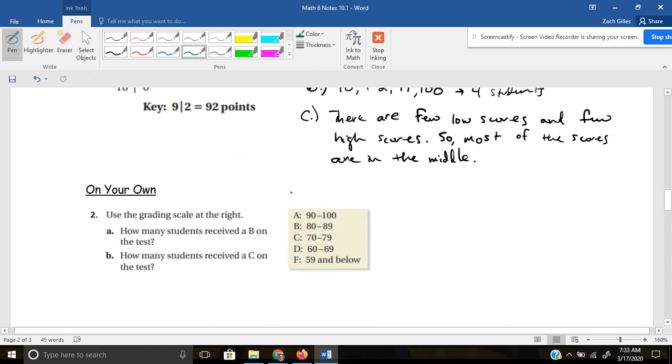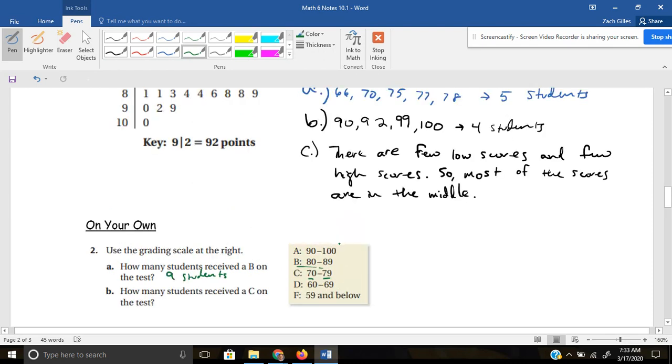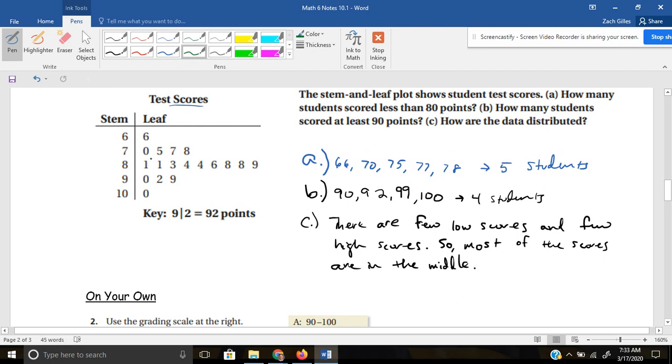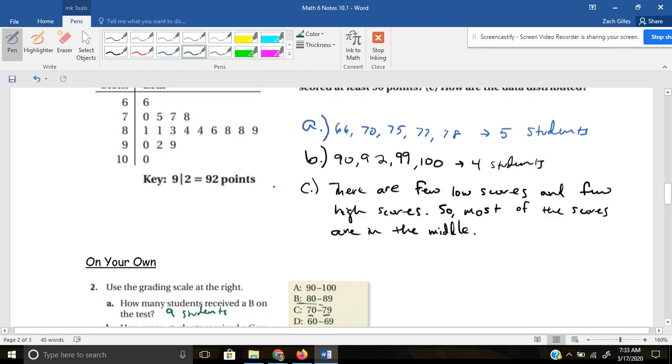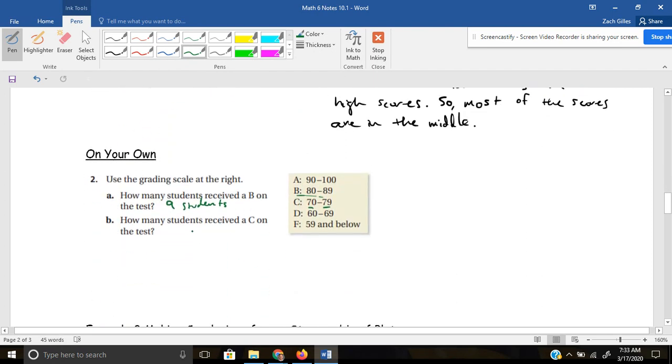There are 9 students who scored a B on their test. How many received a C? Well, a C is from 70 to 79. So how many are from 70 to 79? 1, 2, 3, 4. So 4 students.